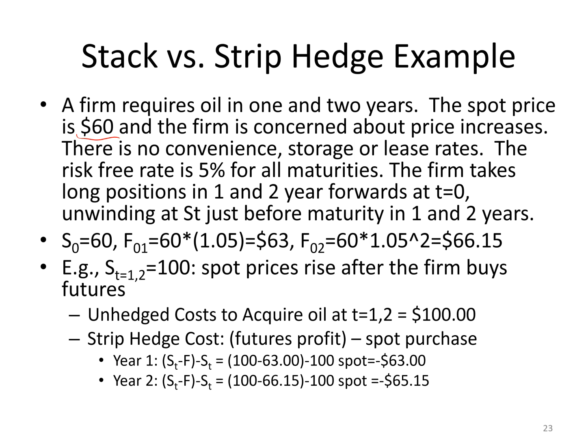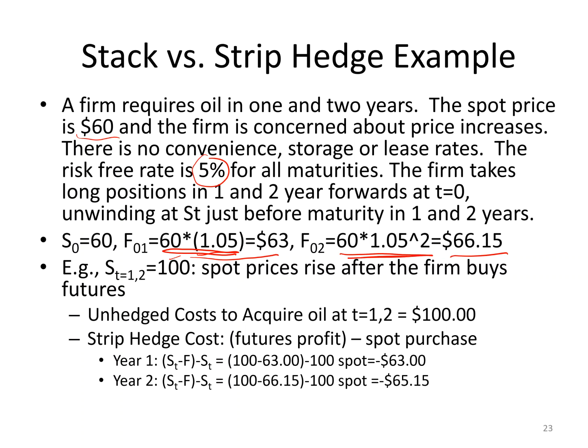Let's assume away all those factors of convenience, storage, and lease, and let's just say that the futures price simply reflects the cost to carry, the interest rate, which is 5%. In that case, the 1-year futures and forward price should be 5% higher than spot, at 63, and the 2-year futures price should be 66.15.